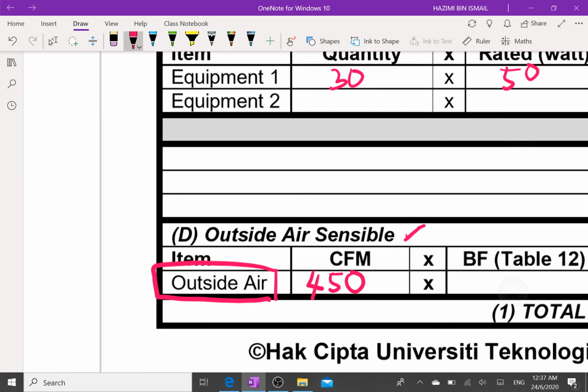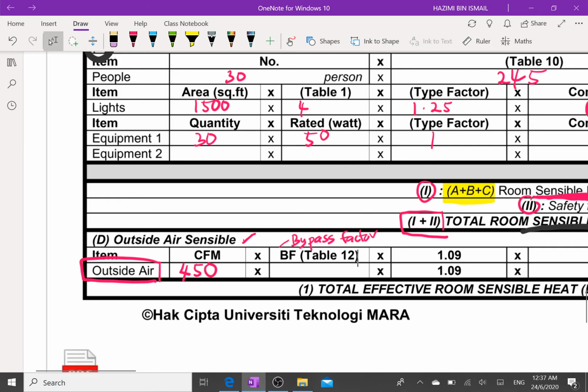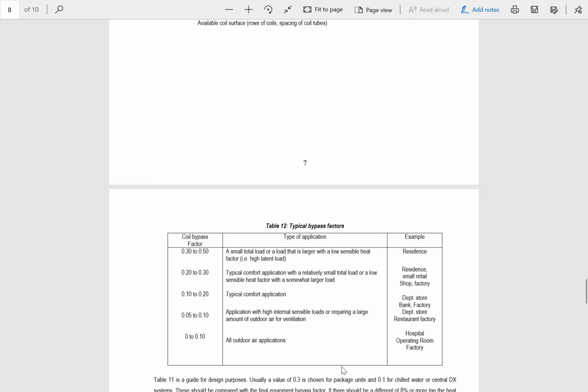And then you have to calculate the BF. BF is bypass factor. Generally, to get the value of BF, we have to refer to Table 12. Table 12, this one.